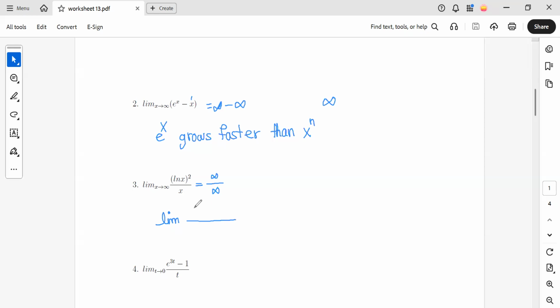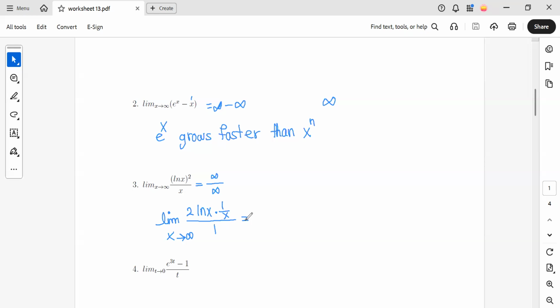We would think of this as if it was x squared, I would write it as 2x, but in here I have ln of x squared. So I would write it as 2 ln of x times derivative of the inside, derivative of ln of x, which is 1 over x. And derivative of the denominator is just 1.